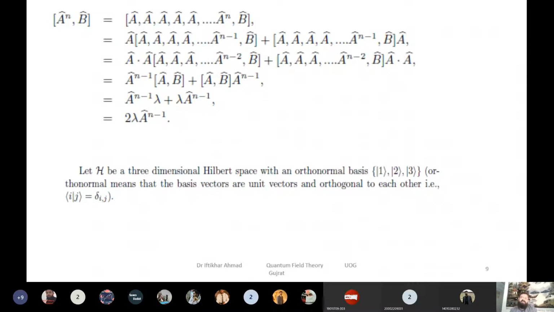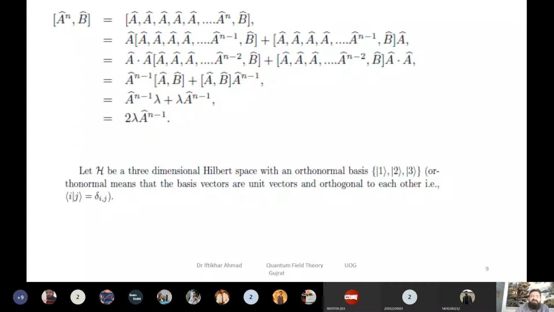The standard basis can be written as 1, 2, 3, because i is equal to 1, 2, 3 and j is also equal to 1, 2, 3. These bases are orthonormal. It means that the inner product of i and j is equal to delta ij. If i is equal to j, you get 1, and otherwise equal to 0. So this is the definition of orthonormal basis.